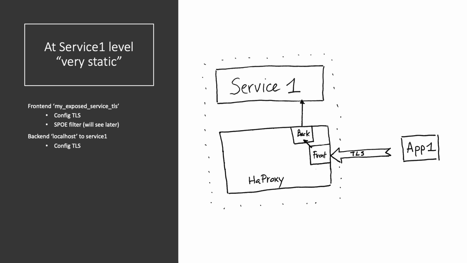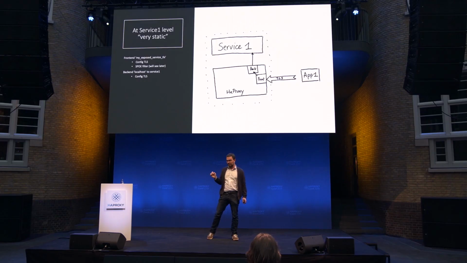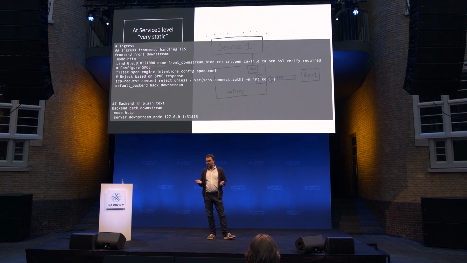This front directive will send the data to backends, and these backends will have only a single target, which is localhost on a given port. So basically, the port, the actual implementation of service 1. And all of this in plain text. So for those who really want to know, that's the kind of configuration it's going to generate.